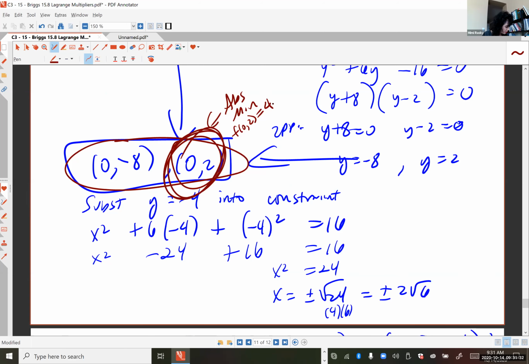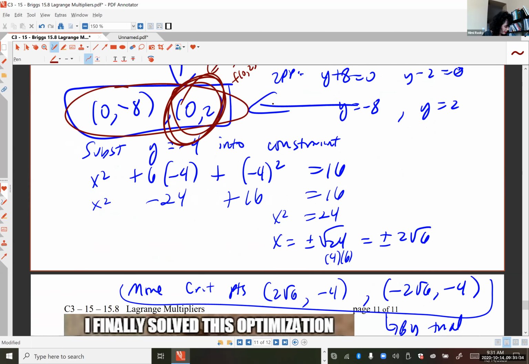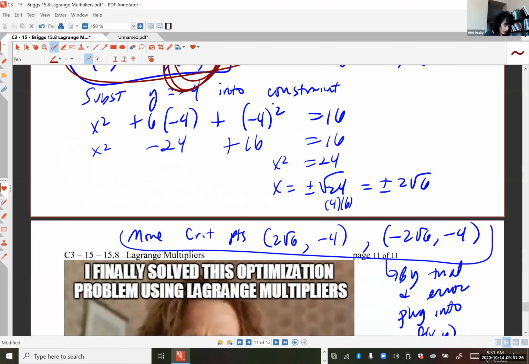And then which one of these gives the max? I think this one here, I think both of them maybe, because it's x squared plus y squared. I think because of the square, both of them give an absolute max. Both of these guys give an absolute max.